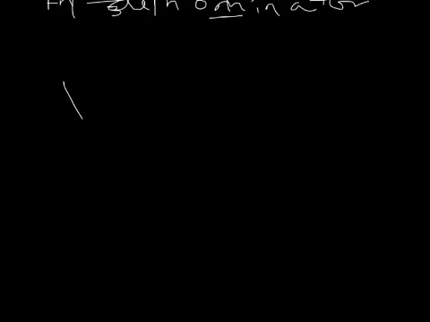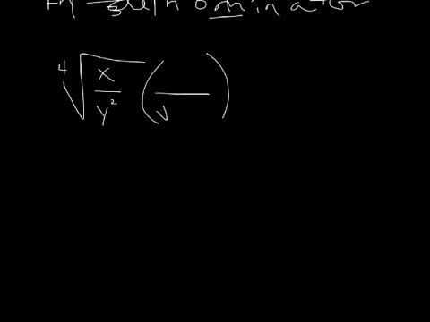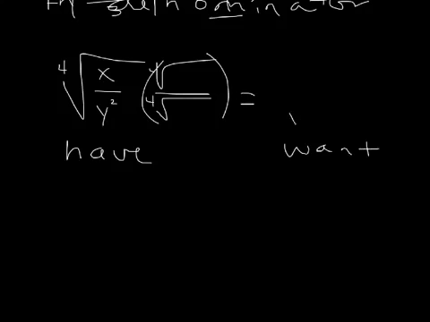Okay, now this time let's make it the fourth root of x over y squared. So what I'm going to pick for my number 1 has to be decided by whatever the denominator is. So here's what I have. Here's what I want. I want the bottom to look like y to the fourth rooted, so that I can cancel those.